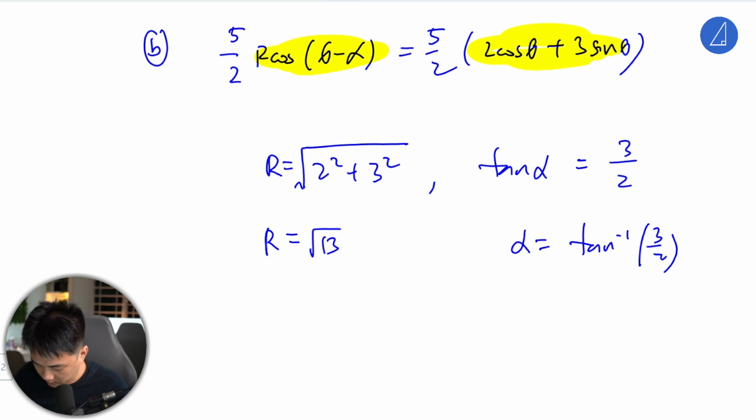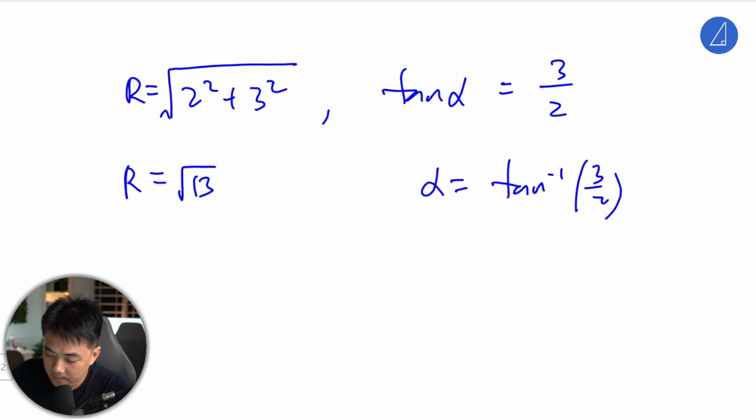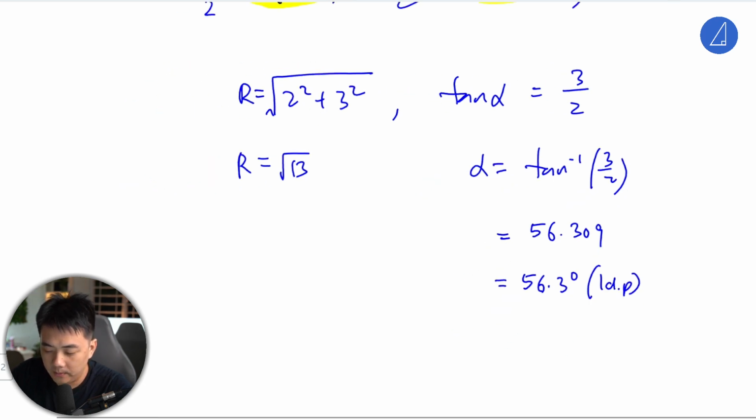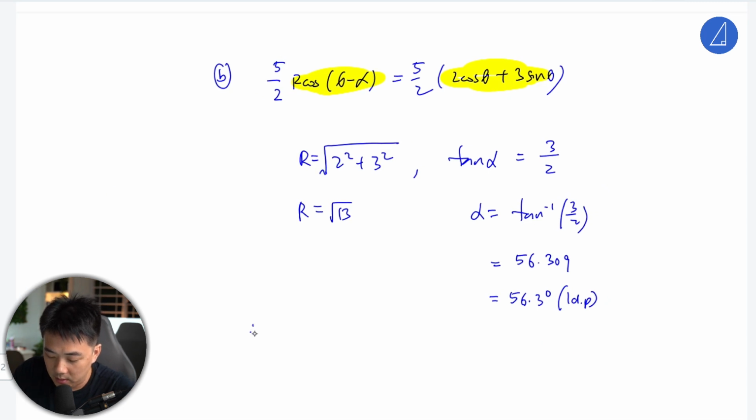They want it in degrees. So just key in calculator. It will be 56.309, 56.3 degrees. Okay, so in this case here, hence perimeter will just be 5 over 2 root 13 cosine theta minus 56.3 degrees.